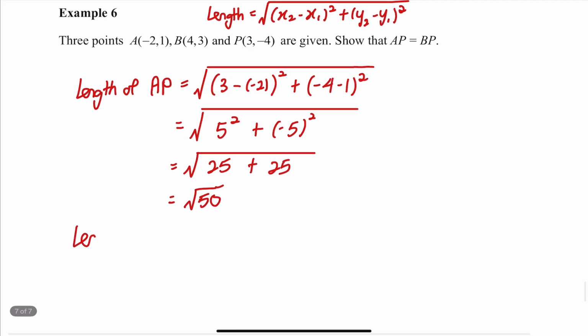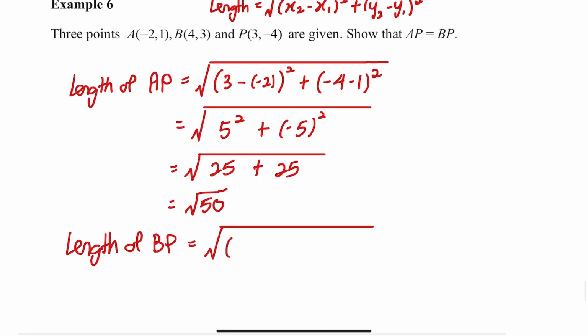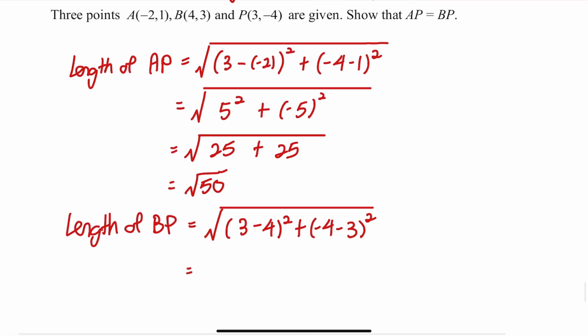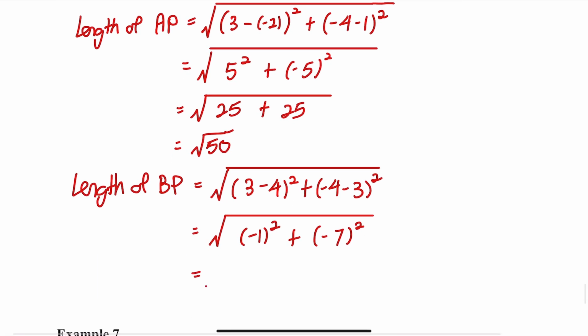Next part, length of BP. Same thing, apply the formula again. The formula is simply over here, 3 minus 4 square plus negative 4 minus 3 square, which will give me square root of 3 minus 4 is negative 1 square plus negative 7 square, which will give me square root of negative 1 square is 1 plus negative 7 square is 49, which gives me root 50.